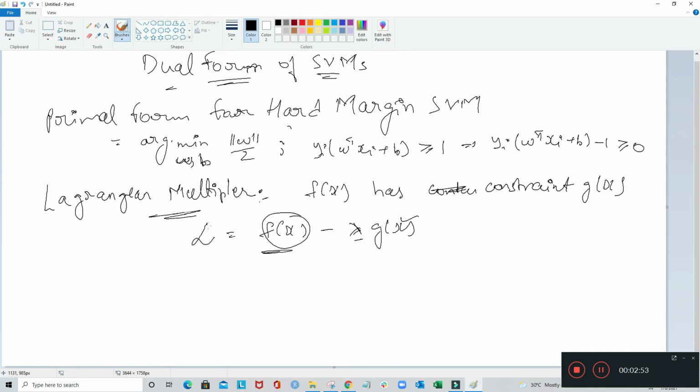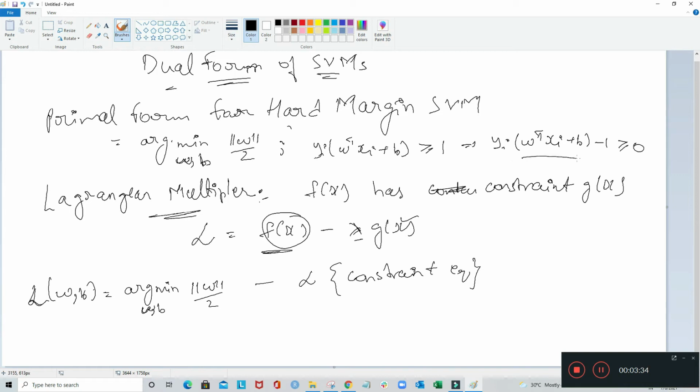Using this concept of Lagrange multipliers, we'll write the equation for our constrained optimization problem. For some values of w and b, all I have to do is argmin, find the minimum values for this part, minus alpha times the constraint equation. For this, the constraint equation is this part.